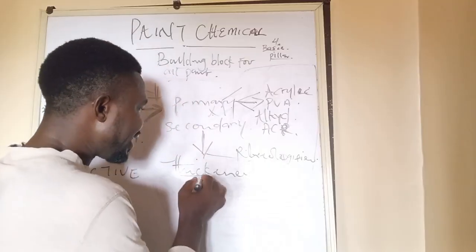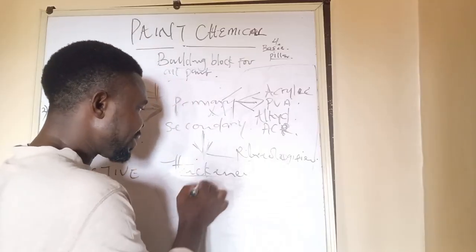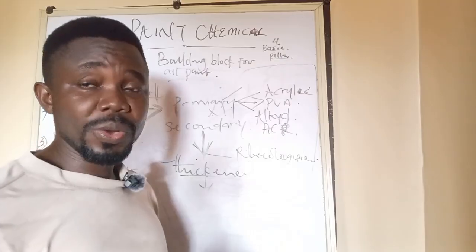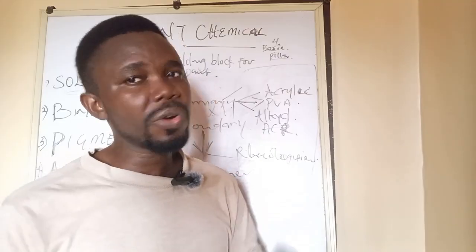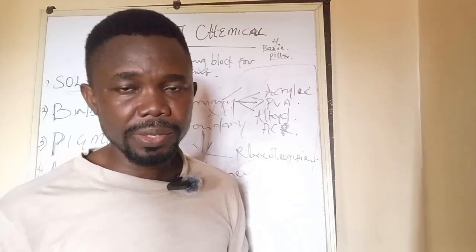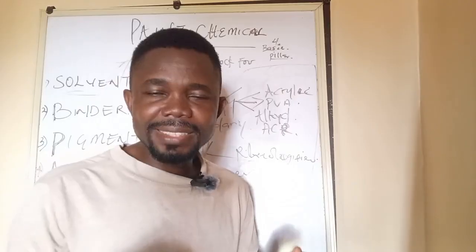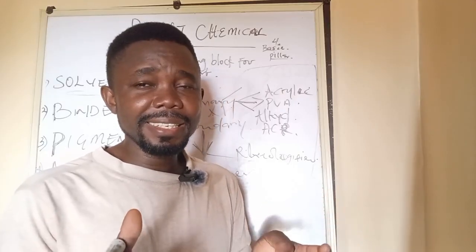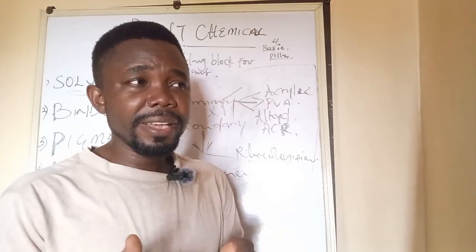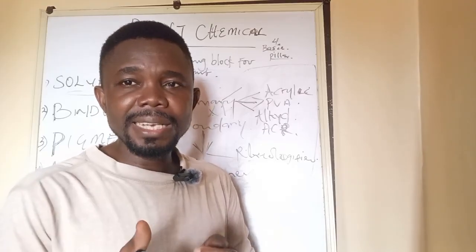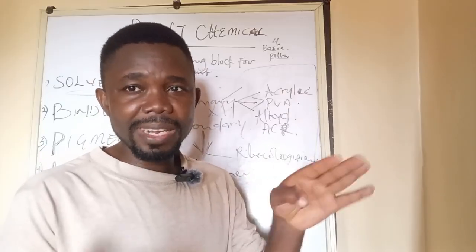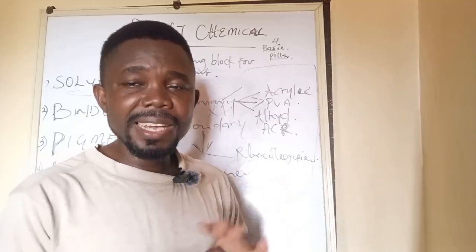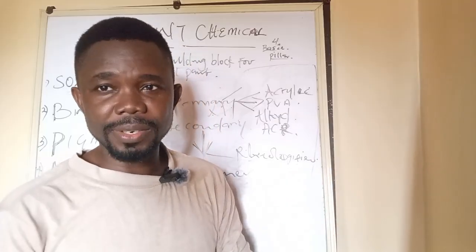So we now need a secondary binder, which is thickener, to ensure that the medium, or let's say paint now, so that we can understand what we are talking about, remains in such a viscosity state that will not allow the pigments or whatever chemicals have been dispersed in your solvent to settle down.